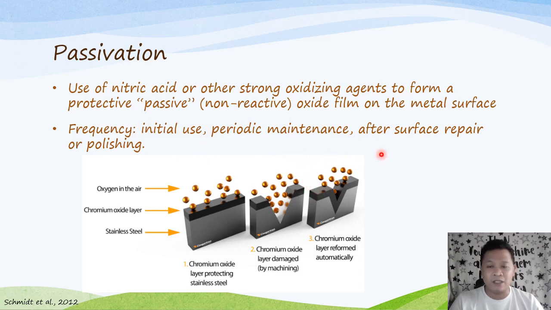And of course, when you did some surface repair. So as you can see here, what it does is form a layer that hides the damage, or forms a layer over the damage, and it reforms automatically so that you protect the steel underneath.